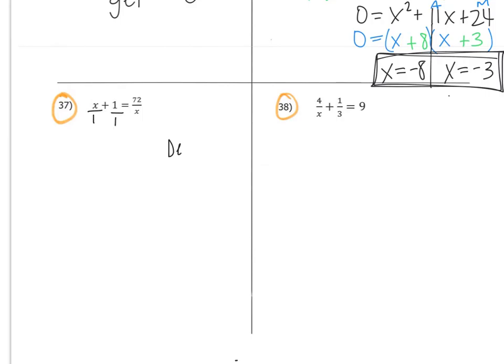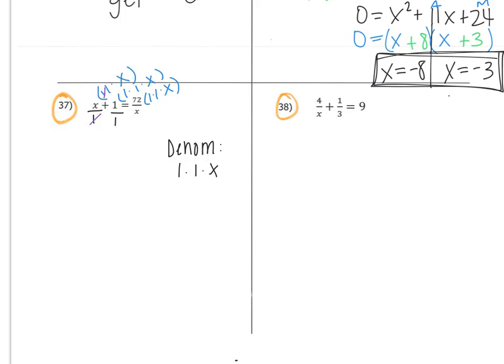And then write your denominator. And because there's an equal sign, multiply by that denominator on everything. Once you've done that, cancel out denominators with a term from the top.